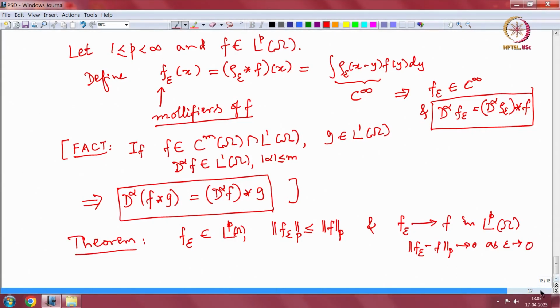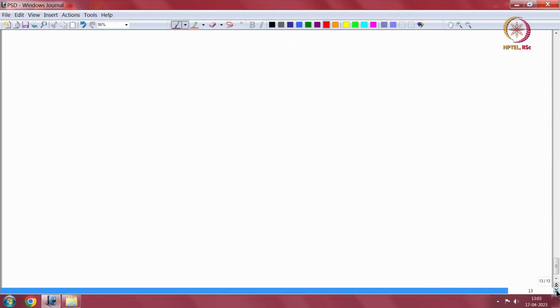Proof is not really hard once we use the fact that the continuous functions are dense in L^p. So that's the sketch. Let me just do it.